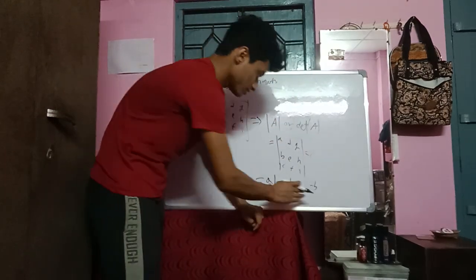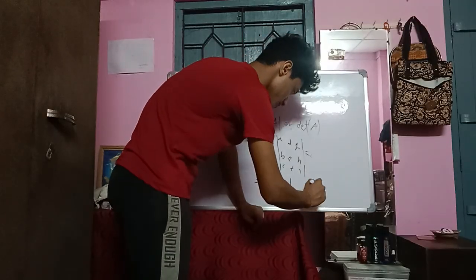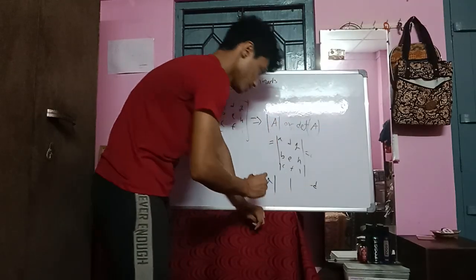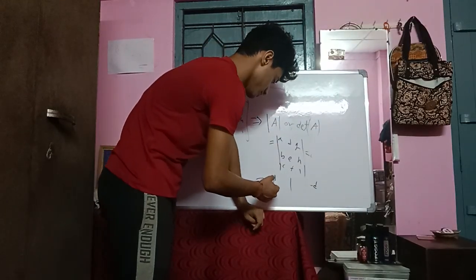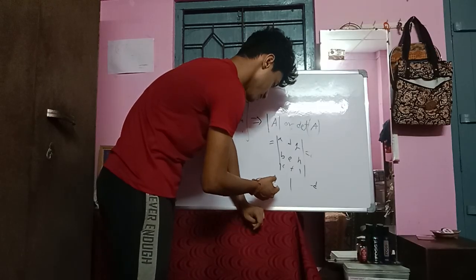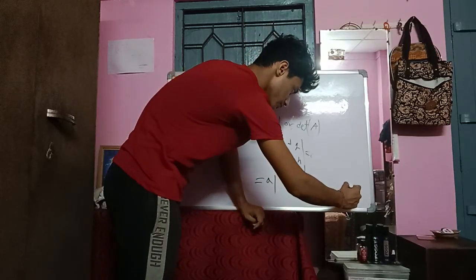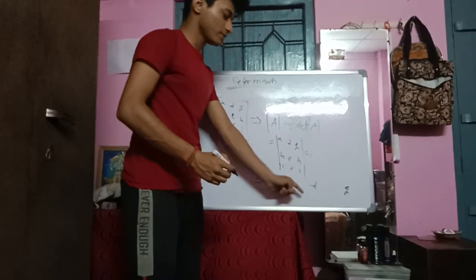First of all, I'll write down the elements of the first column, and the signs would be: the first and third element positive, and the second element negative.